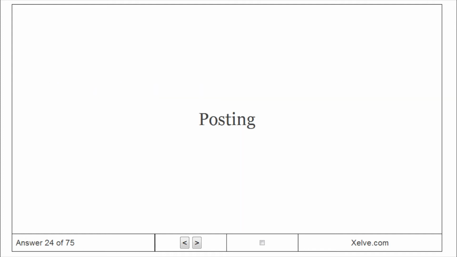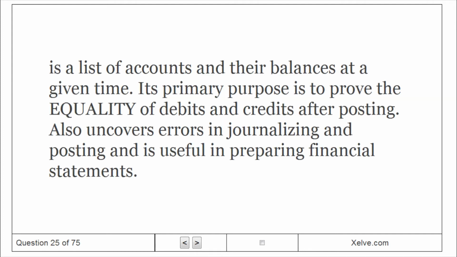Posting is a list of accounts and their balances at a given time. Its primary purpose is to prove the equality of debits and credits after posting. It also uncovers errors in journalizing and posting and is useful in preparing financial statements.